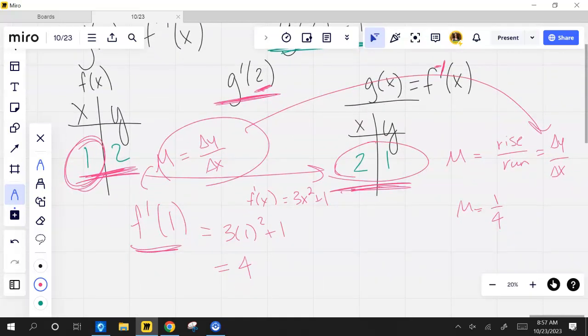Tell me what inverses do. It goes from 1 to 4. It just flips. 4 over 1 flips to be 1 over 4. So you're talking about what you got there.